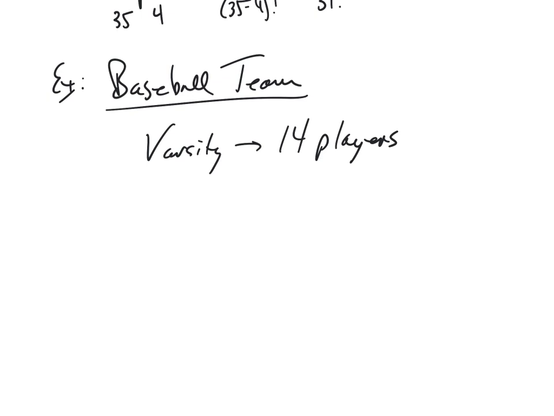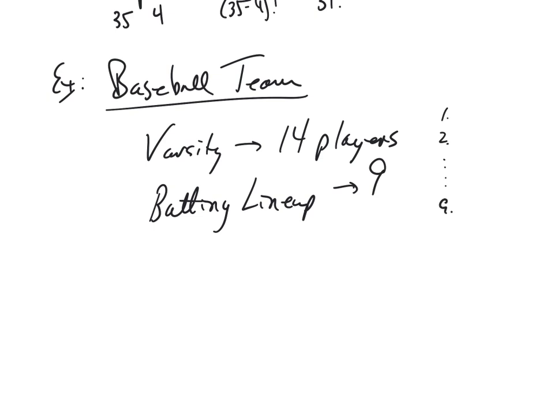Now, at the start of every game, Mr. Ivancic has to submit what's called a batting lineup to the umpires. And the batting lineup consists of 9 players in a list from 1 through 9, which shows the order in which they're going to bat.